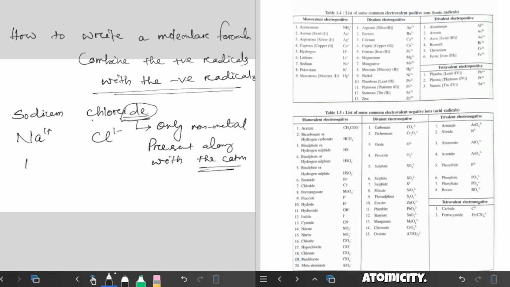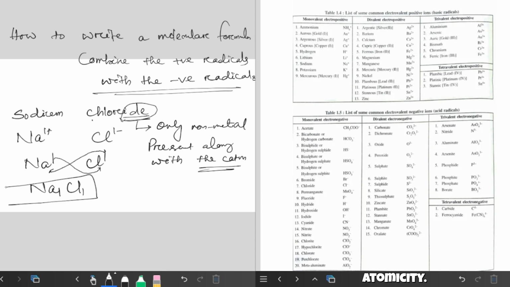I am telling you the proper process, but after practicing you can skip some steps. Now let me remove the charges and write Na1 and Cl1. Now take this superscript into the subscript of chlorine and take this superscript into the subscript of sodium, so it becomes Na1 and Cl1.